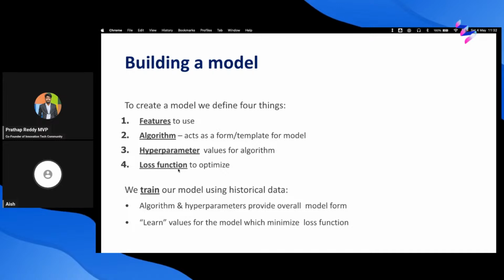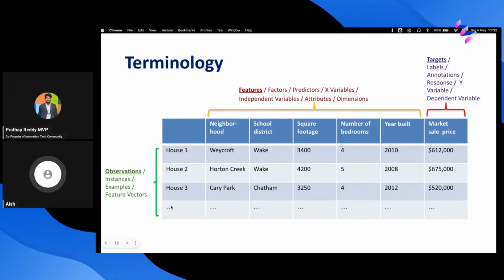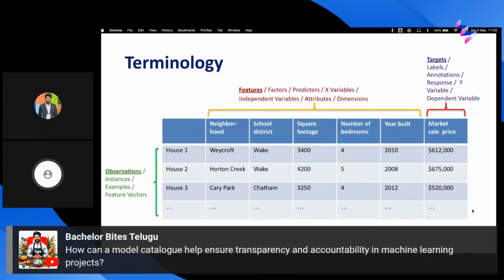By loss function, what we mean is, for example, if I predict that a house with this much area and this many bedrooms has a price of $500,000, that is my prediction. But in reality, the price is $600,000. So my loss function is going to be the difference: I predicted 500, but its actual value was 600.